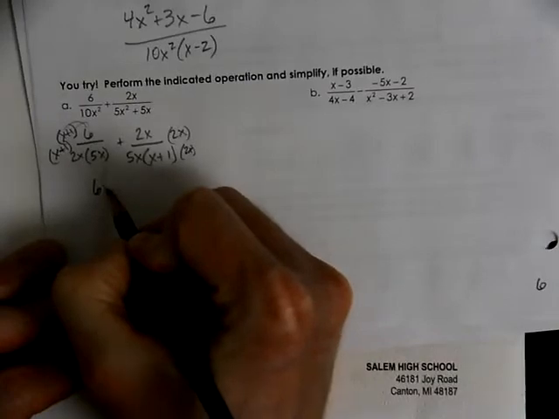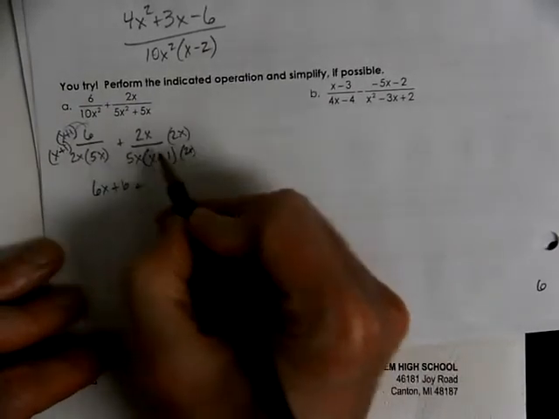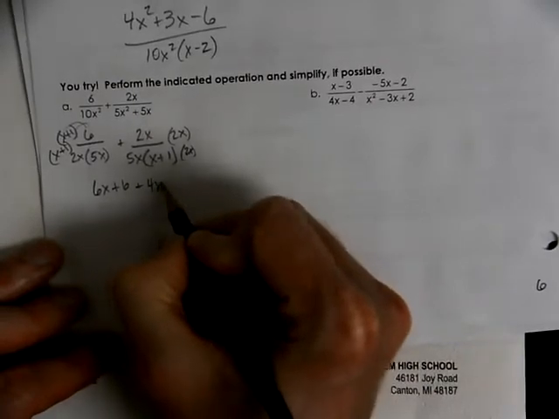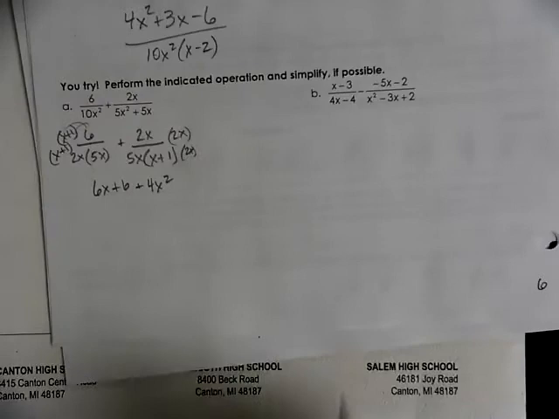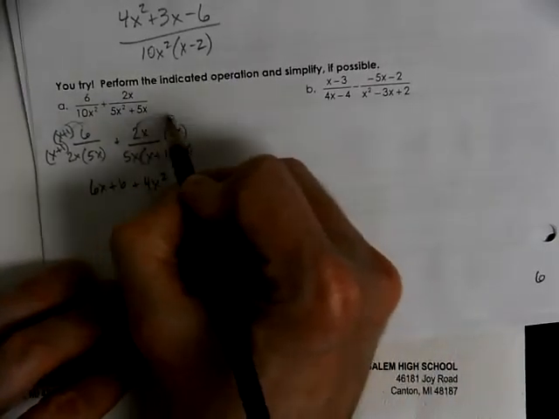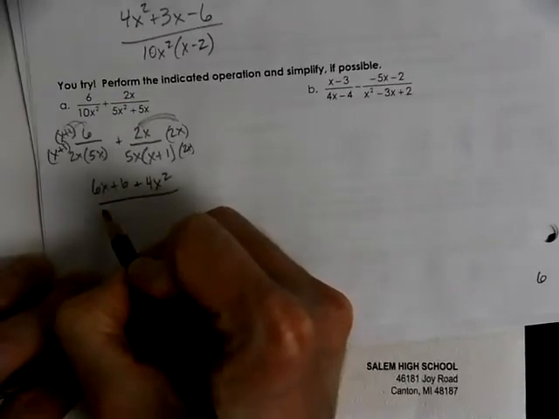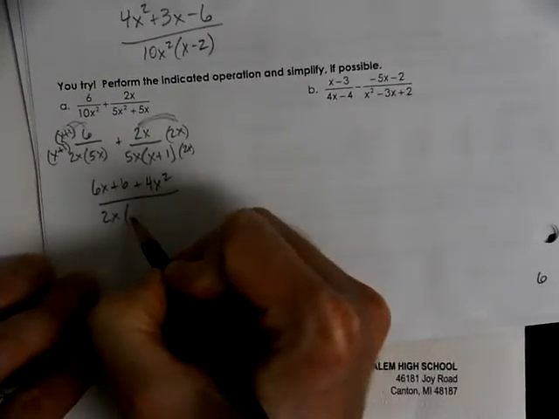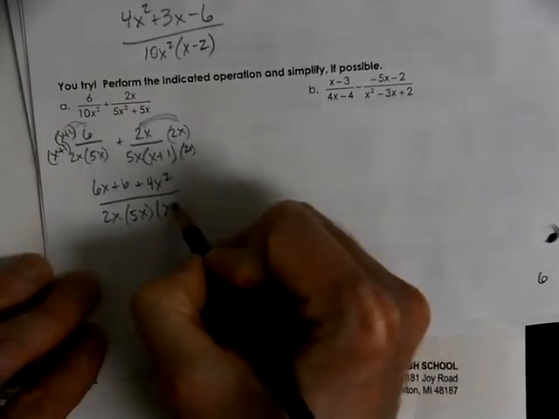So that leaves us with a 6x plus 6. This side is a 4x squared. And my common denominator has a 2x, a 5x, and an x plus 1.